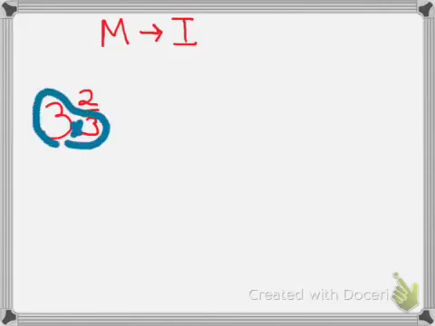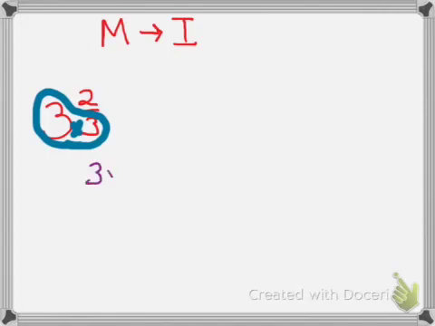So I'm going to start by showing you how to go from a mixed number to an improper fraction. Whoa, let me put that back up there. I have a little thing that comes down every time I do that. So if I start with, let's say, 3 2/3. The first step that they're to do is to multiply the denominator by the whole number. So when I multiply the denominator by the whole number, I get 9.